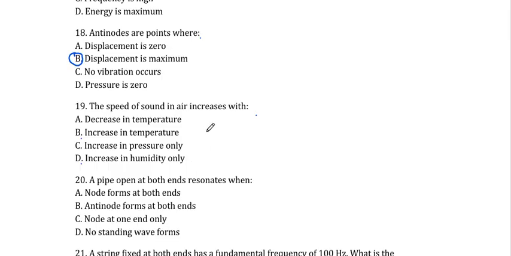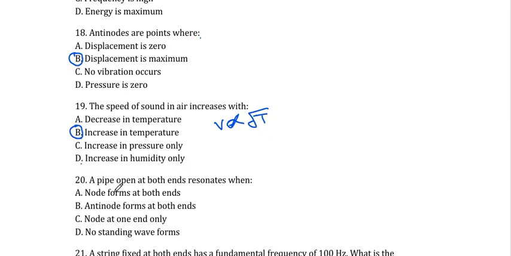The answer is increase in temperature, because the speed of sound in air is directly proportional to absolute temperature. Directly proportional simply means as temperature increases, the speed will also increase.